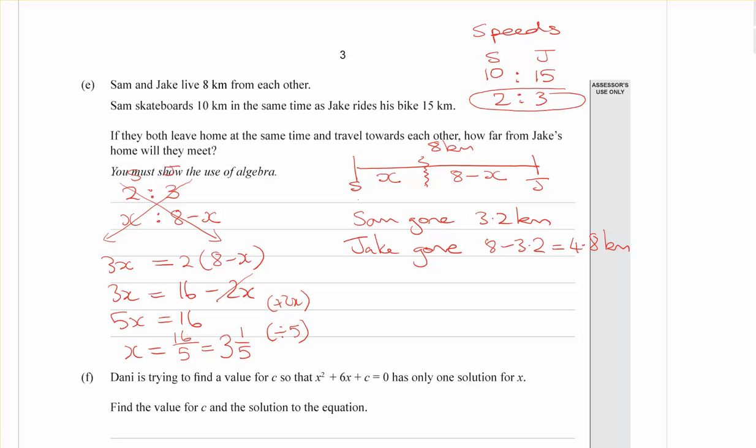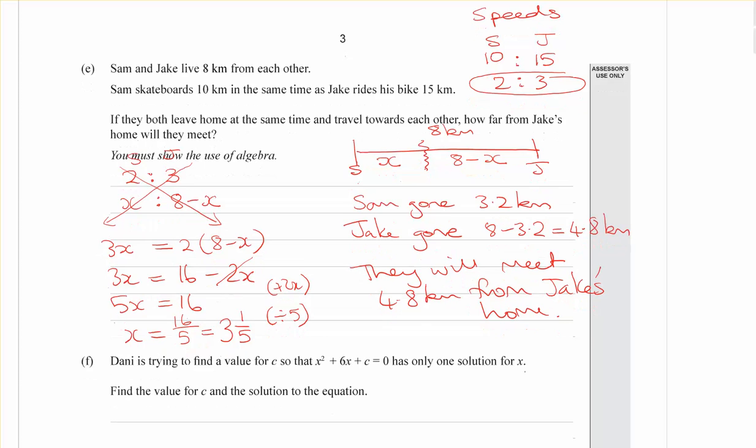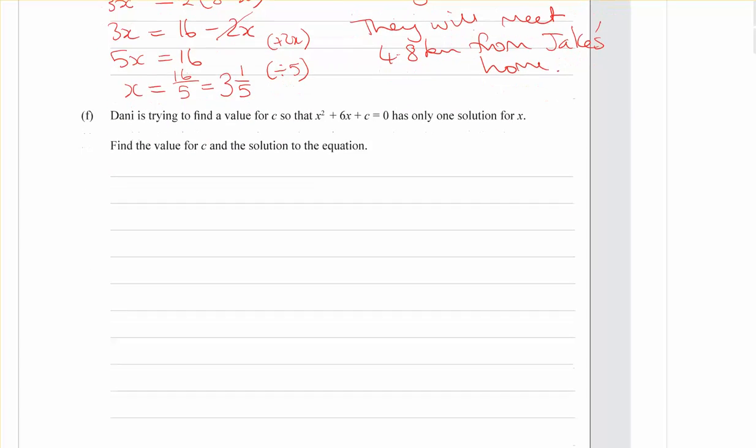Let's just check the question. How far from Jake's home will they meet? So they will meet 4.8 kilometres from Jake's home. It's quite a difficult question. You need to have a bit of knowledge of ratio and how ratios work.